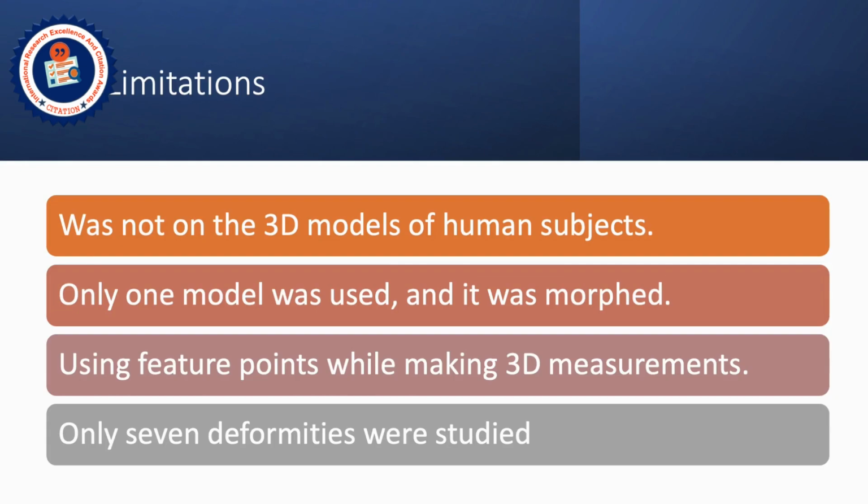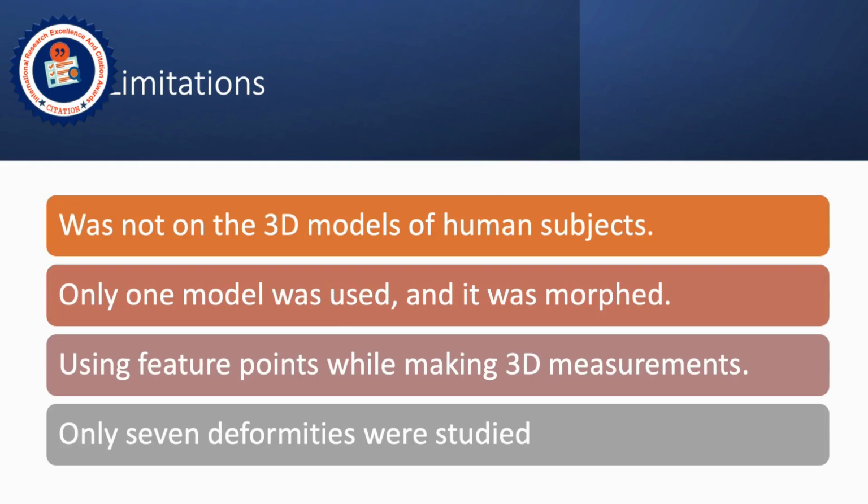First of all, this study was not done on 3D models of human subjects. It was a generic model. And another limitation was that we used only one model, and that was morphed. We could have used maybe more models and have them morphed. Another limitation is we used feature points while making 3D measurements.